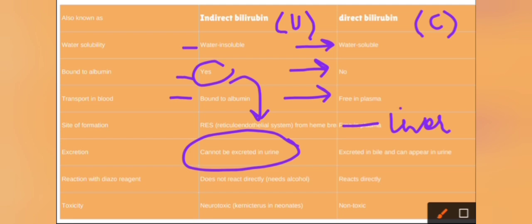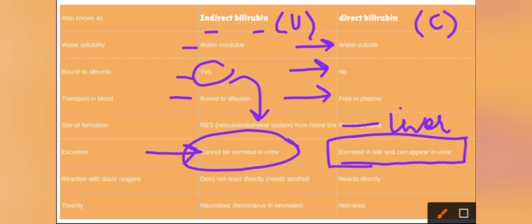So if the unconjugated bilirubin is bound to albumin, it won't appear in urine due to its large size. While free unconjugated bilirubin is insoluble in blood, so it won't appear either. So in both these conditions, indirect bilirubin won't appear in urine. While the direct bilirubin is water soluble, so it can be excreted in urine.